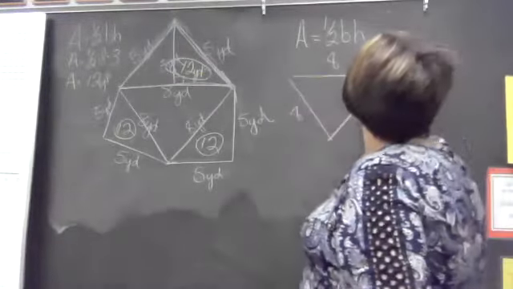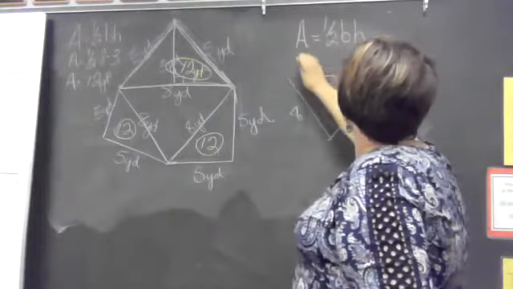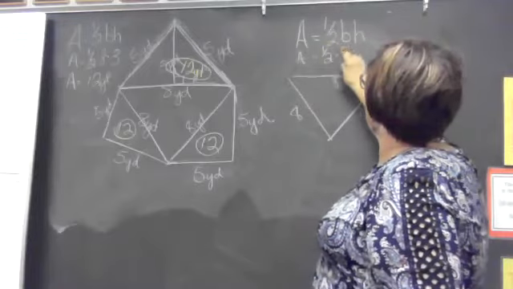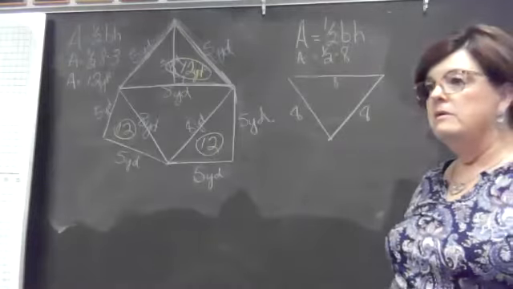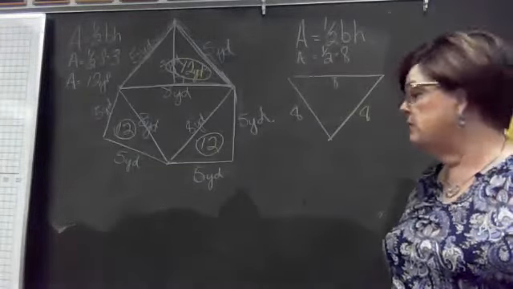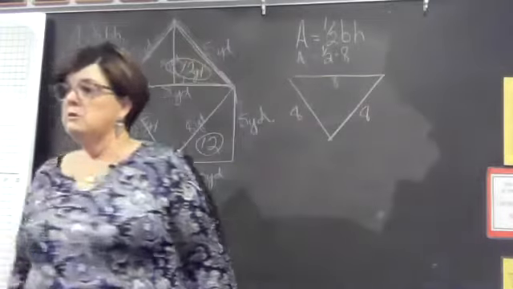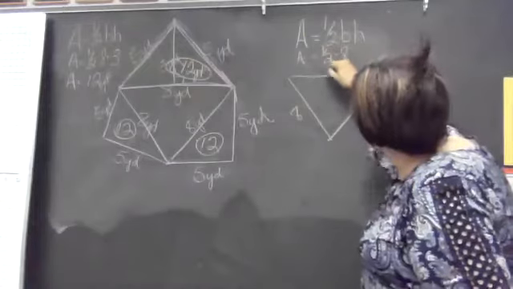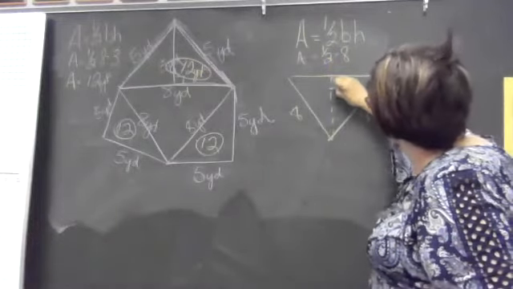So area equals 1/2 times 8, but I have to know the height. We know that the height of a triangle has to be perpendicular to the base, right? So I need to know this piece right here.